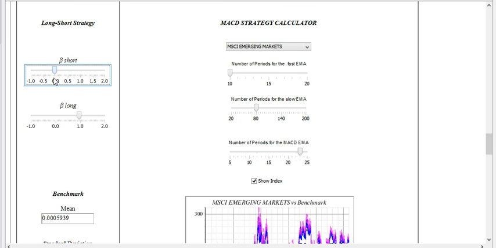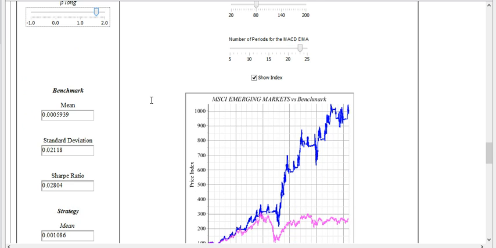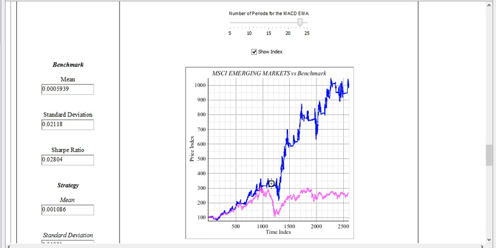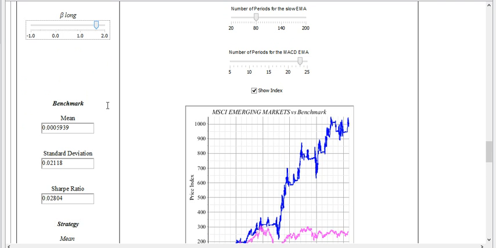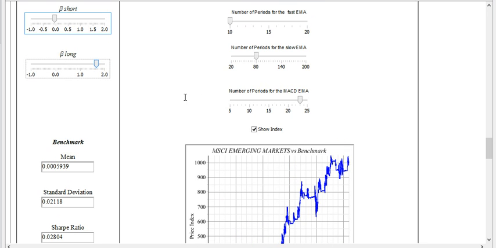Let's just go a little bit short, neutral, let's say, and lever the portfolio on the long side. This looks pretty neat. Here is a huge false signal, but nevertheless, if we compare the returns, it's 5 times as much as we would have gotten without using technical analysis.